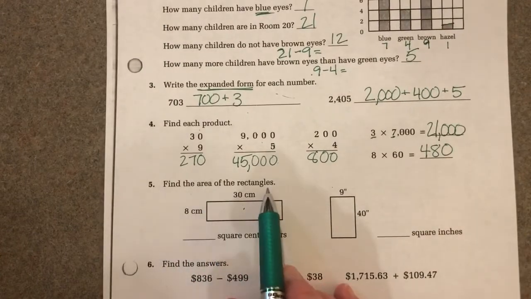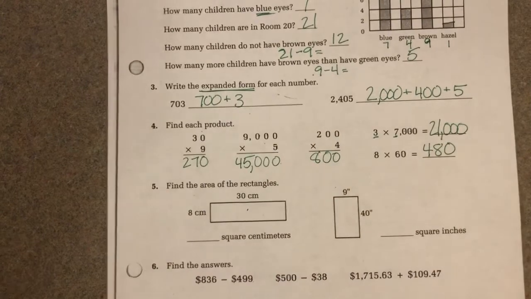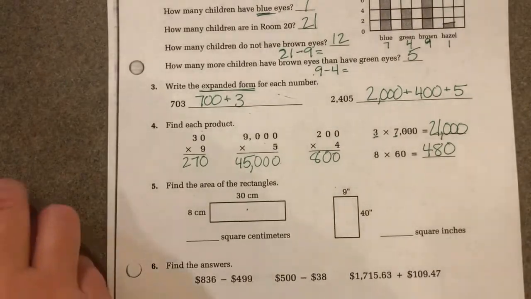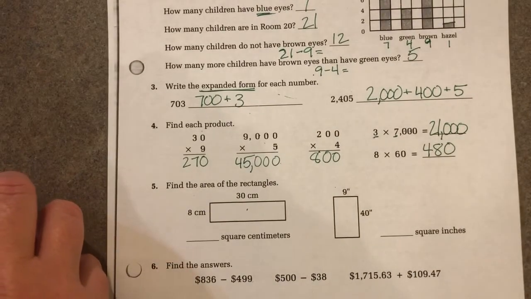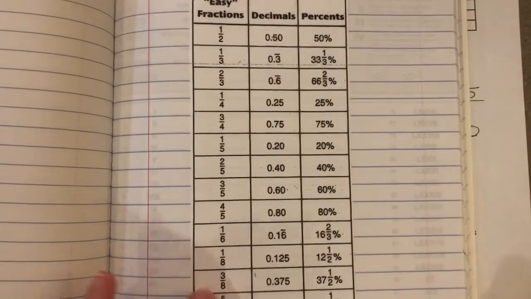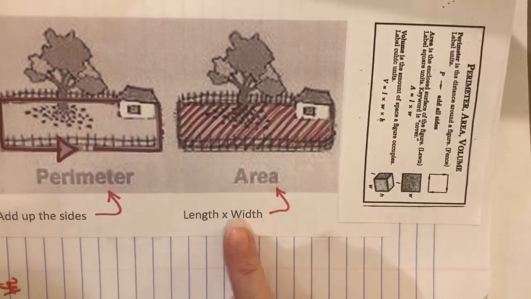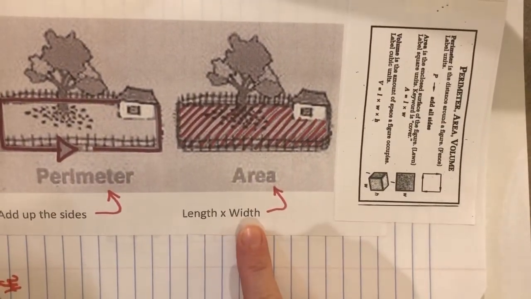Find the area of the rectangles. So you will remember the formula for area is on the same page as perimeter, page 34. And the formula for area is length times width.